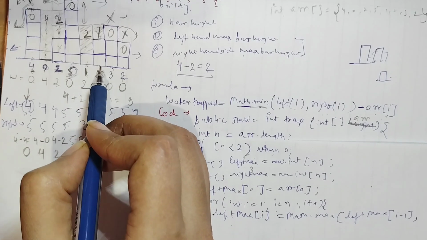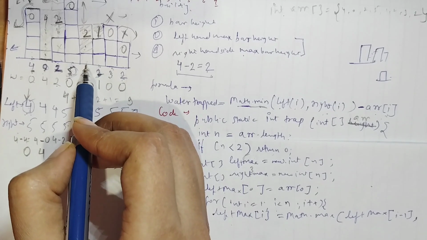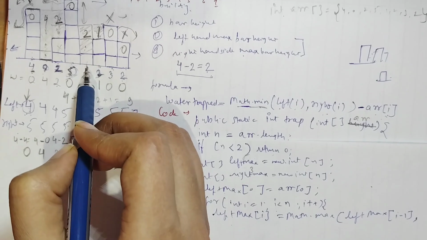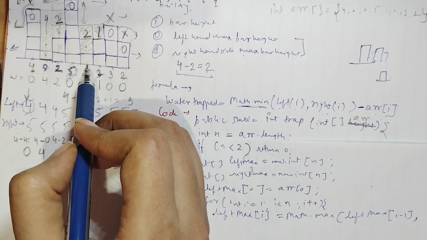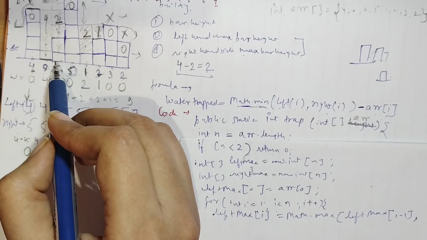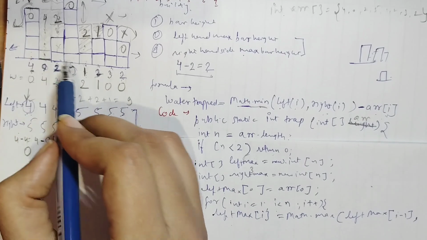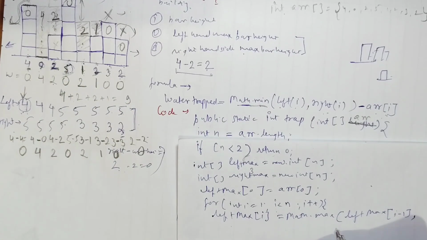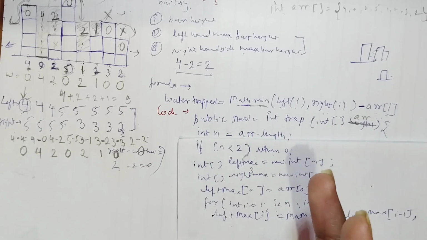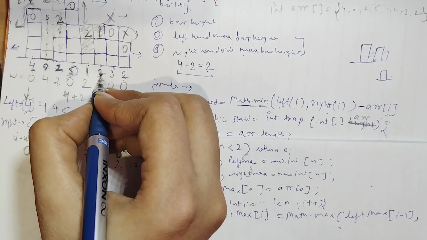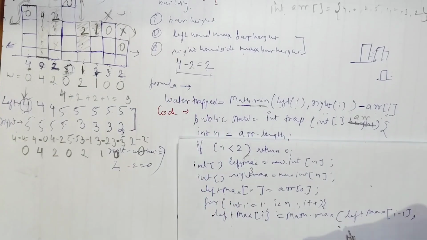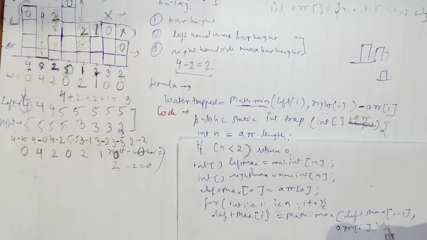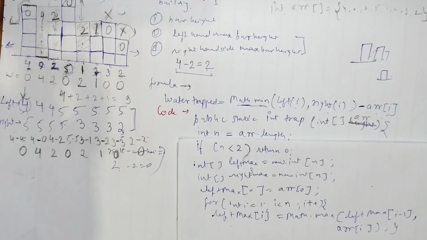So 5 minus 1, which is 4, means the previous one. We are starting the comparison with the previous one, then previous, then previous, in the left hand side. That's why we are writing i minus 1, and the other value we compare with is our current, so current is array of i. So we have written this.